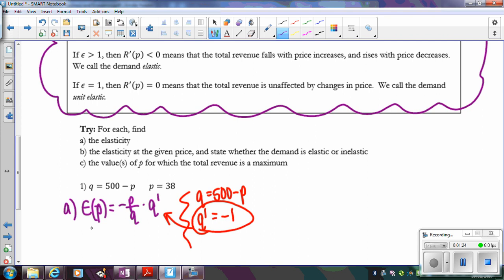So for epsilon of P, it's going to be negative P over Q, so over that entire formula, times the derivative of Q. The derivative of Q is negative 1.